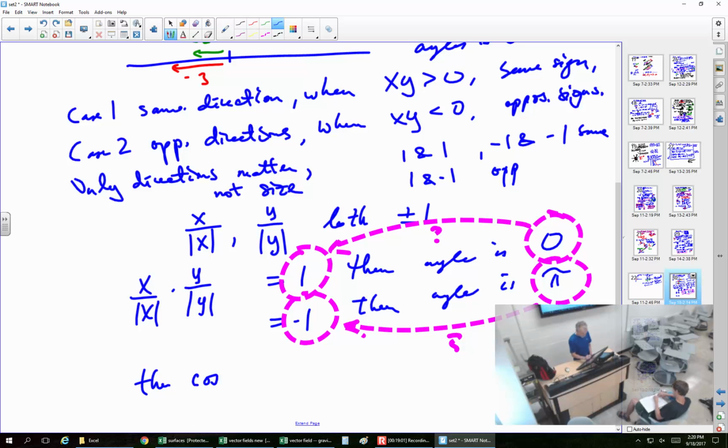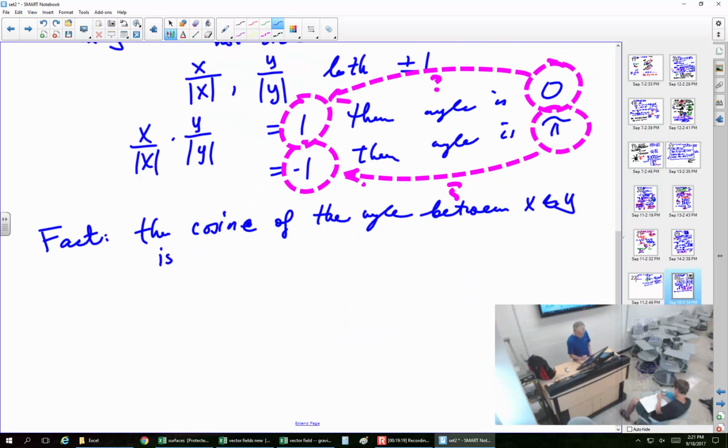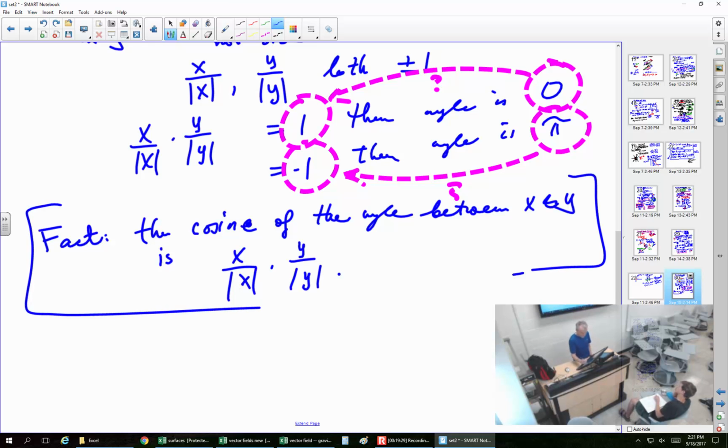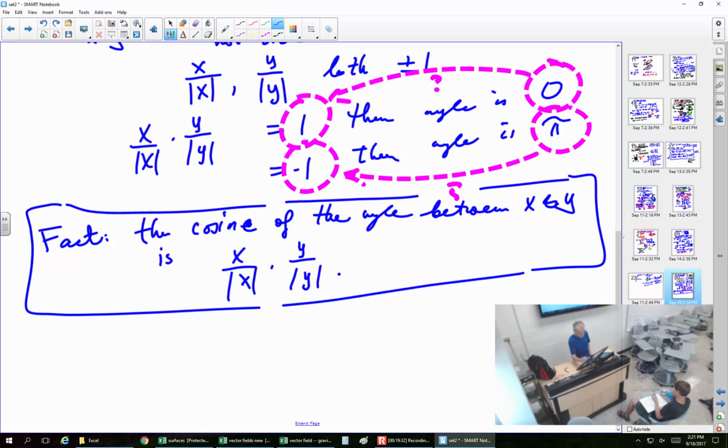So that's the conclusion that we just established, for x and y not equal to 0: the cosine of the angle is this product. So that will be fully applicable to vectors now. We did this little analysis in dimension 1, but it turns out it will be very much applicable if we just do it the right way.